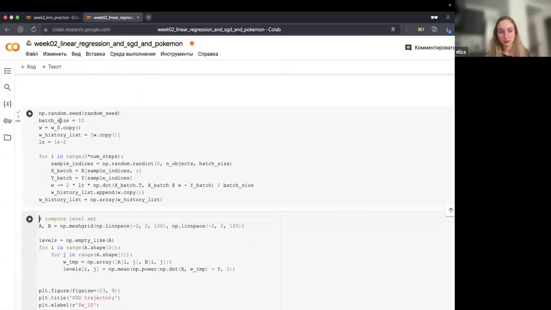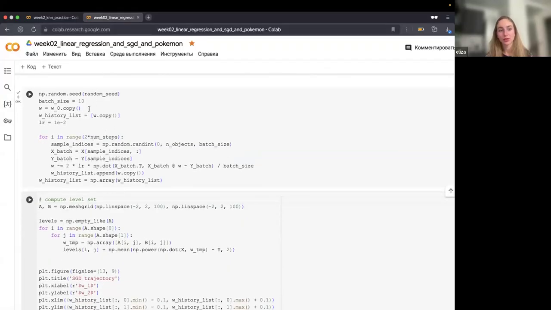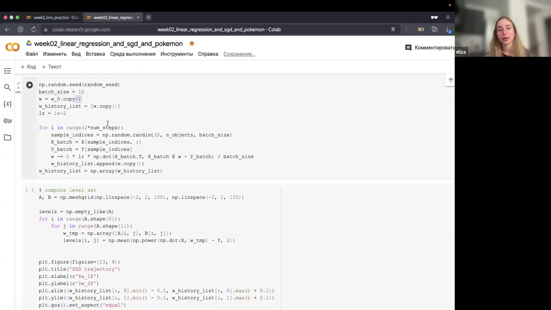Let's run stochastic gradient descent. You choose batch size 10, and when you take samples on every iteration, you can see that we choose only batch-size numbers from your dataset.